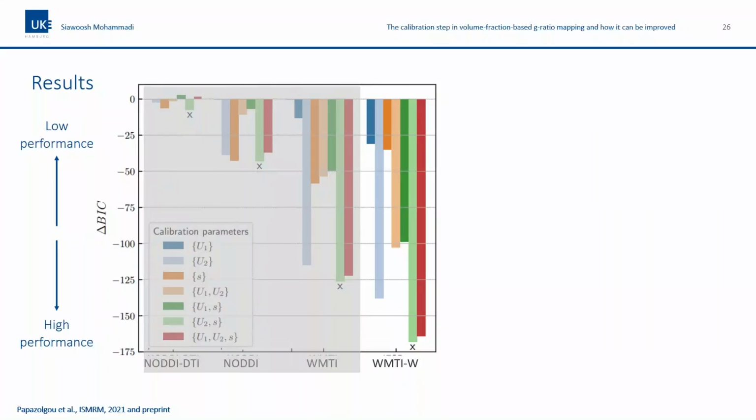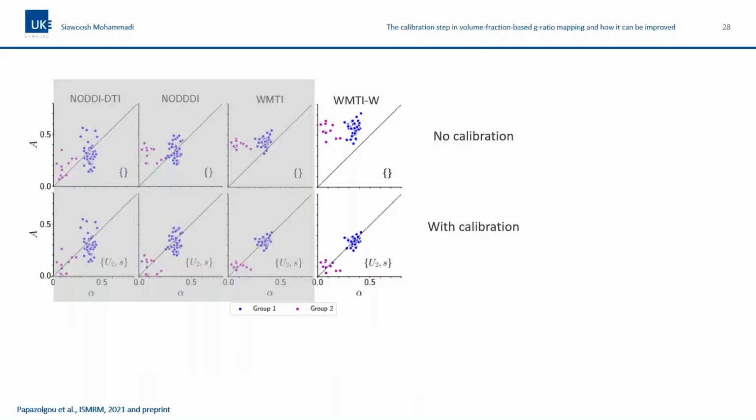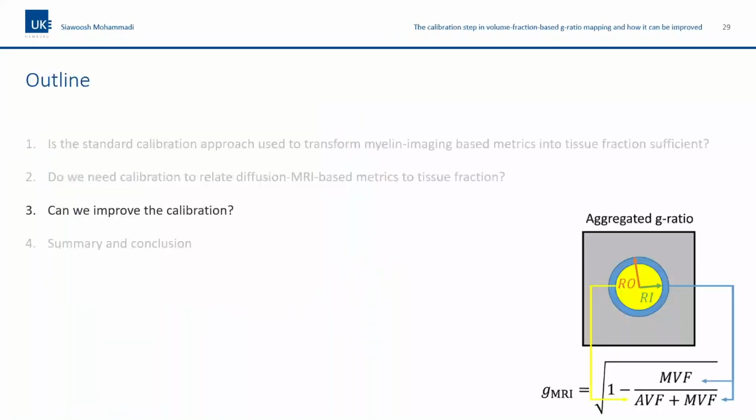We see that BIC is best when we have the linear scaling, as expected, but also that when only looking at an offset, we are not too bad. So if we have to choose, if we don't have enough degrees of freedom, we should just take an offset. And here is how the scatter plot looks if you don't calibrate and if you do the linear calibration.